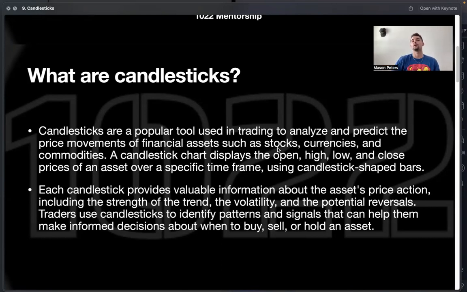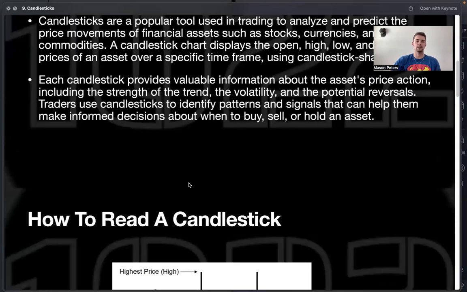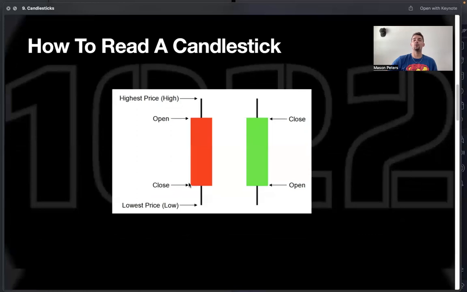The only difference is it has two wicks, a top wick and a bottom wick, and then it has the body. Each candlestick provides valuable information about an asset's price action, including the strength of the trend, the volatility, and the potential reversals. This is how we read a candlestick.